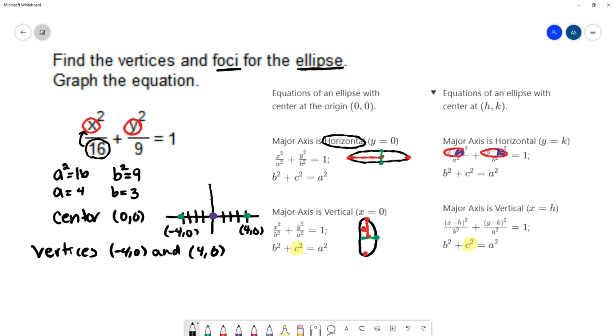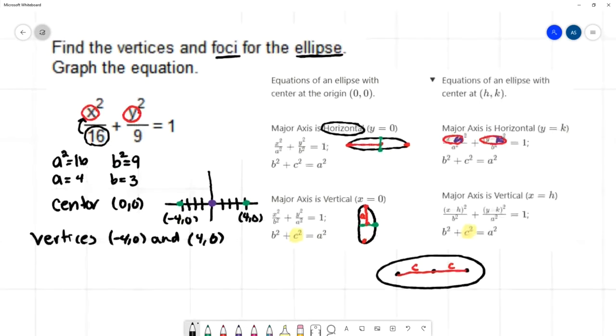So if we have an ellipse and we go from the center to the left and right, if we're horizontally oriented, we're going to go c units to the left and c units to the right. That's going to get you to your foci.